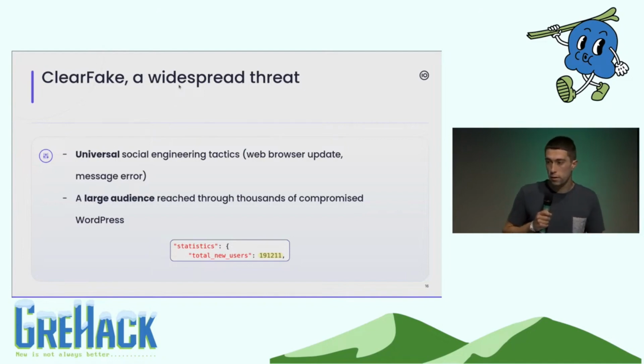So the threat actor doesn't have to pay for an infrastructure and use several tactics such as SEO poisoning or malvertising. They use an already existent infrastructure as it compromises thousands of WordPresses.